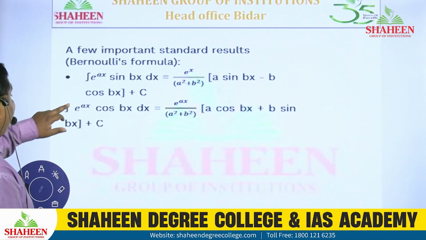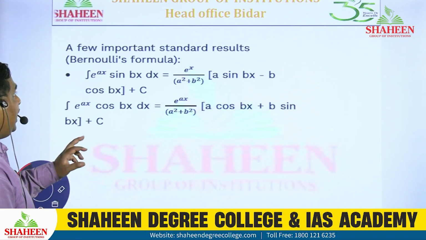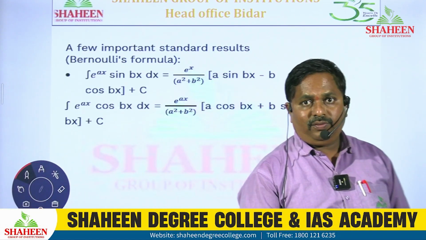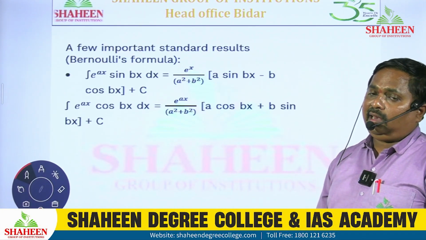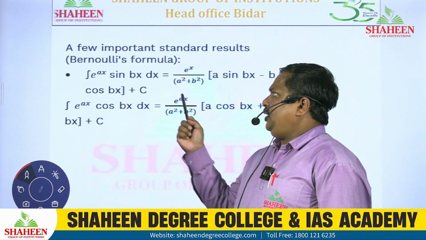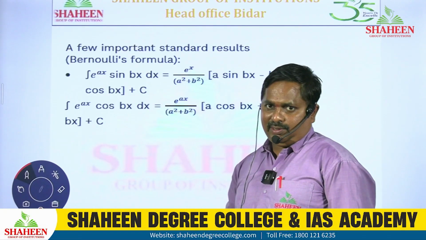Here we have a few important standard results called Bernoulli's formulas, used in this u into v method or integration by parts method. One is integration of e power ax into sine bx.